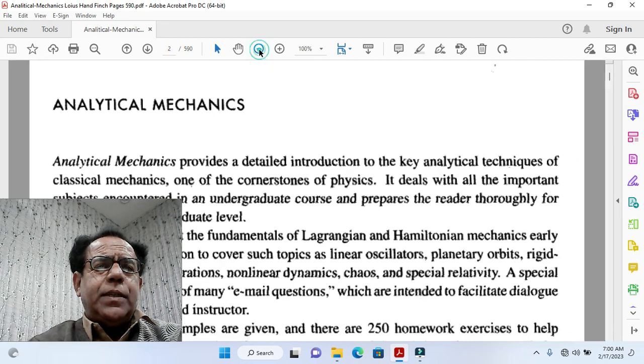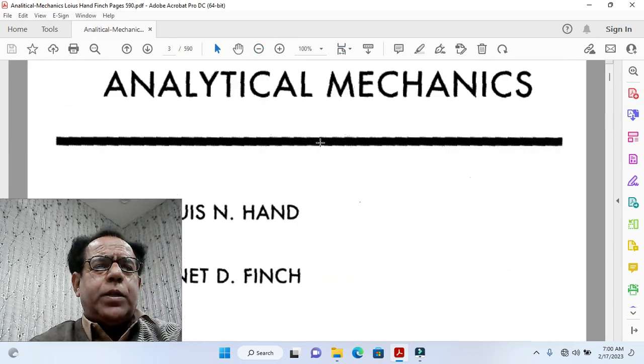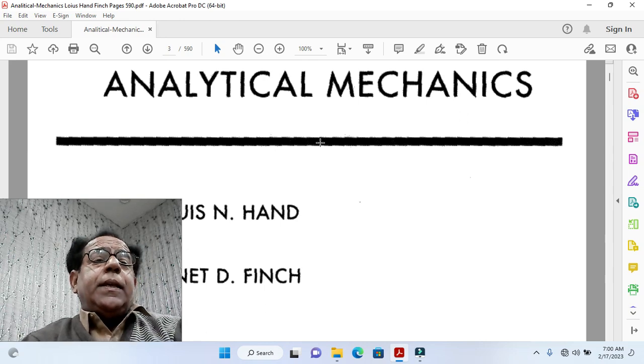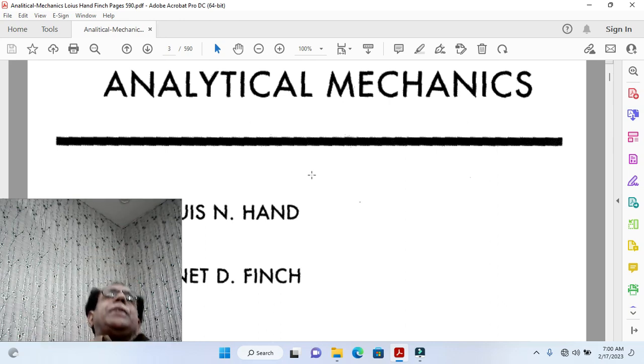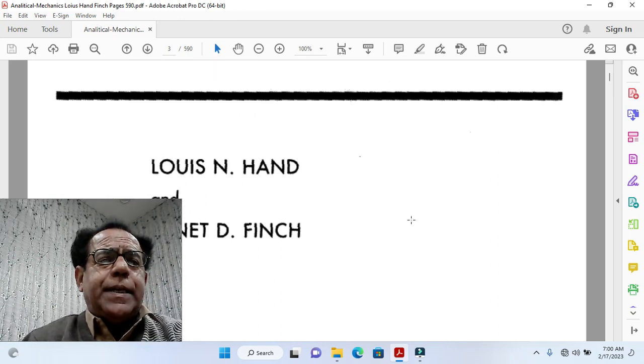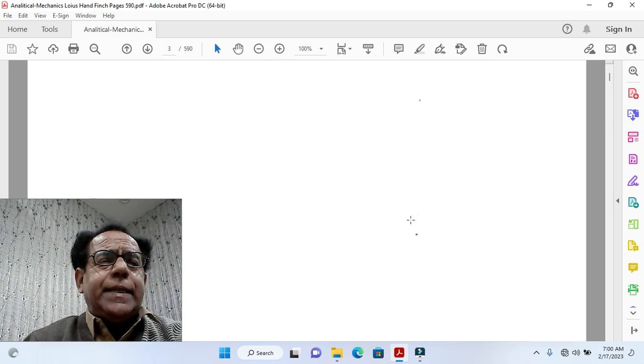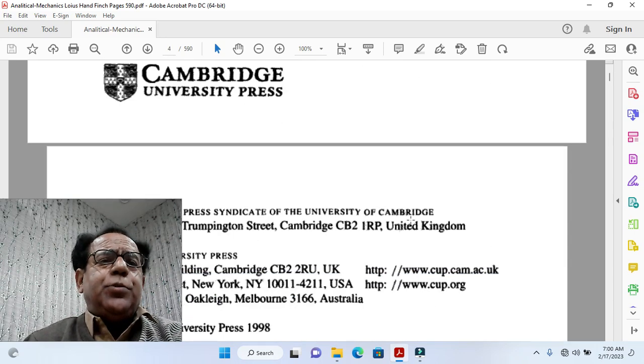Now we are moving towards its contents, and before contents we will see the publisher name and the year of publication of this edition. So dear students, Analytical Mechanics, Lois N. Hand and Janet D. Finch, Cambridge University Press.